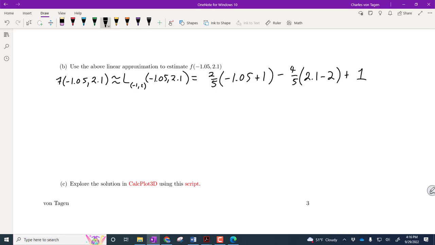Yep. 1. Okay. And this is, I don't know, not impossibly hard to do. What do we get? Negative, is that 0.02? I'll need a hand, folks, because I'm getting tired. Negative 0.02. Minus 0.08 plus 1. And so 0.9 is what we end up with.